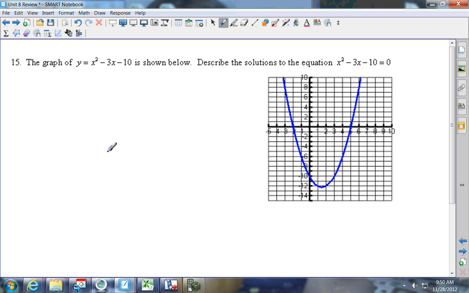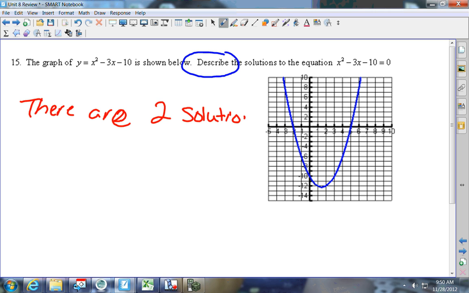Next one. Now, it asks you to describe the solutions. So I don't want to know what the numbers are. First off, how many solutions are there? Okay, so there are 2 solutions. One is what?